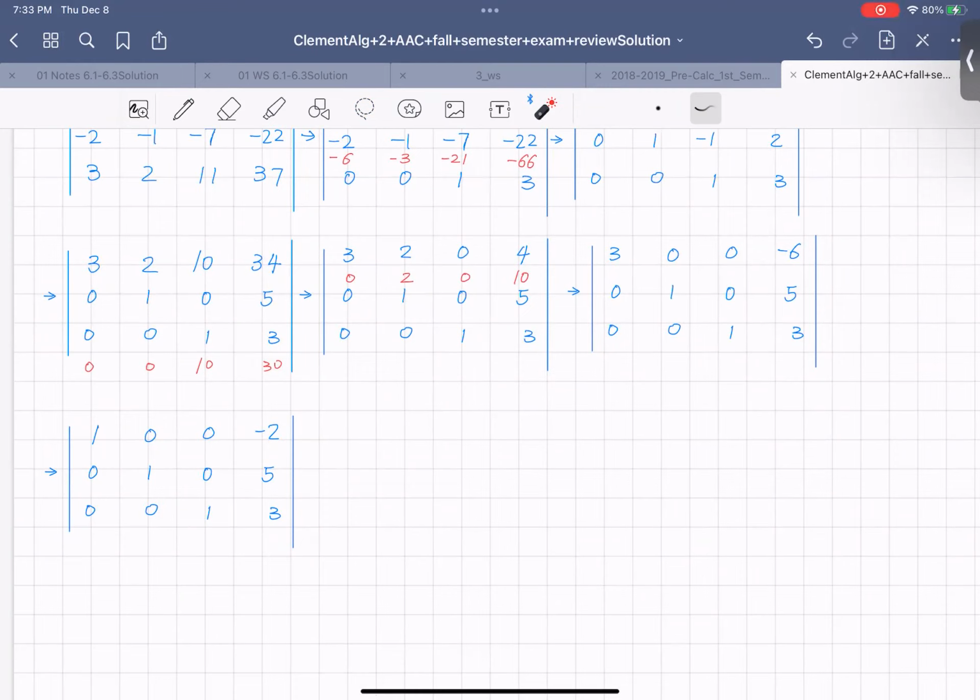If your students didn't get the same answer here, please check your work. Let me go through everybody's work to see if other people get the correct answer. Yes, I have Valeria also get correct answer.